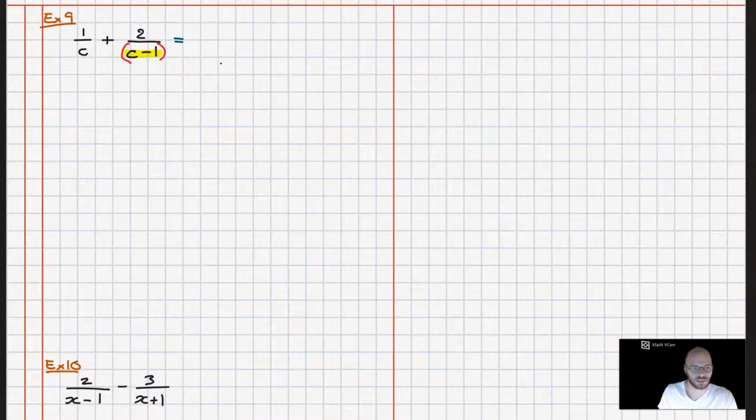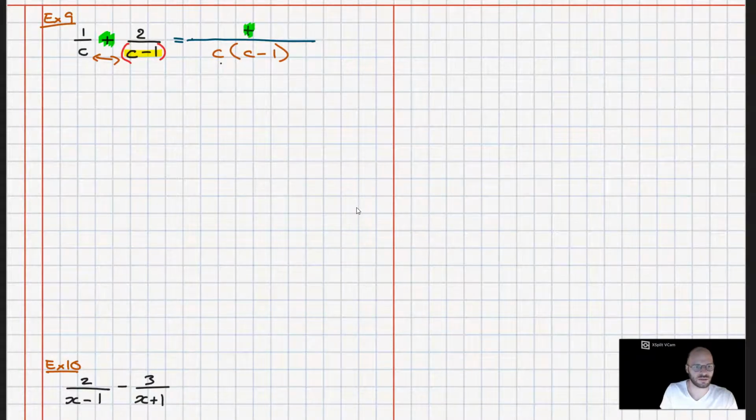Now I'm going to drop the equal sign, and then I'm going to multiply across like so. So that's going to be c multiplied by c minus 1. Then our operation is plus, so I'll put in the plus sign there so I don't forget.